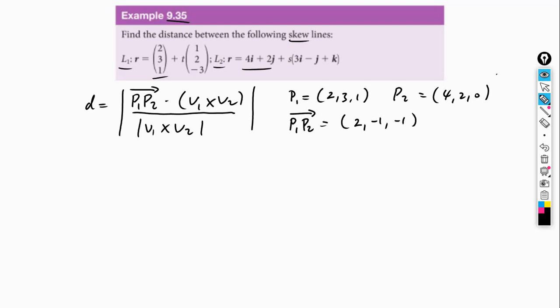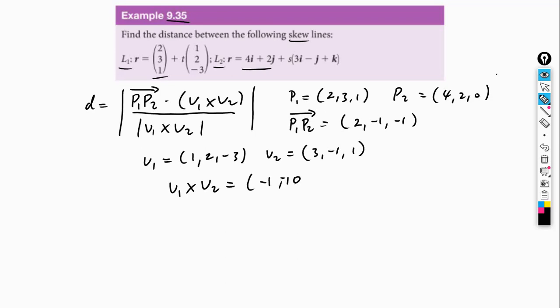Then we also have that the direction vector 1 is going to be 1, 2, -3, and the direction vector 2 is going to be 3, -1, and 1. So notice that if we do the cross product of vector 1 and vector 2, this is going to give us -1, -10, and -7.